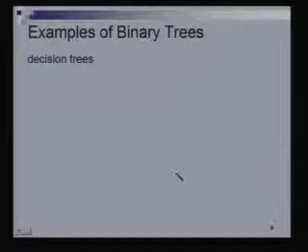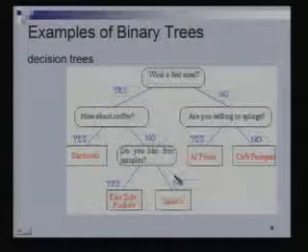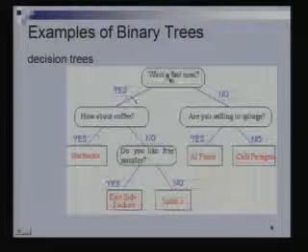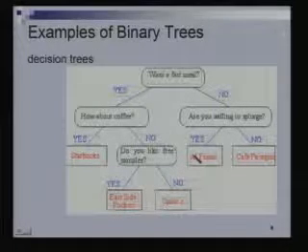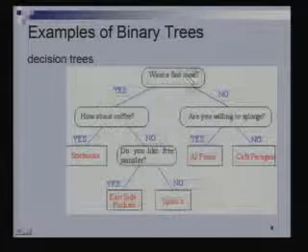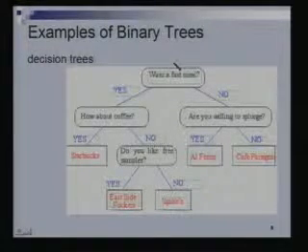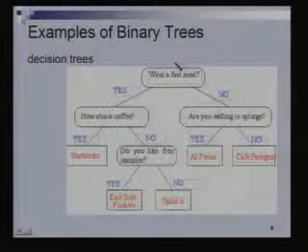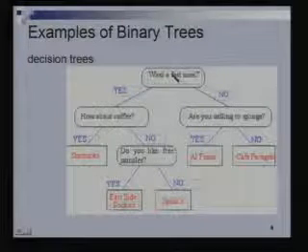Decision trees are another example of binary trees. This is an example that I've taken from a book, so much of it would not make much sense. Maybe Starbucks and Cafe Paragon, you've not come across them, but nevertheless, what's a decision tree? Each node in the decision tree corresponds to some decision you have to make.